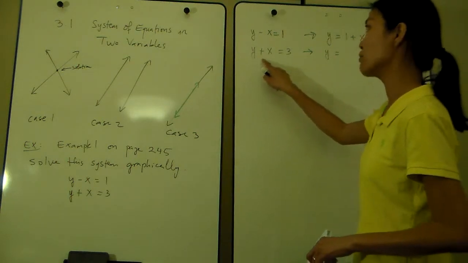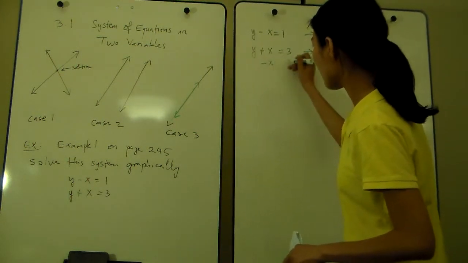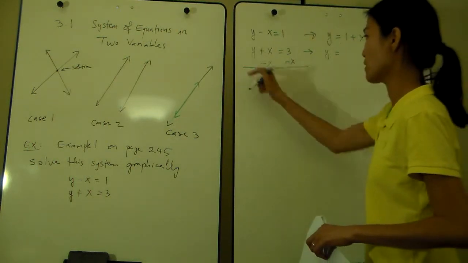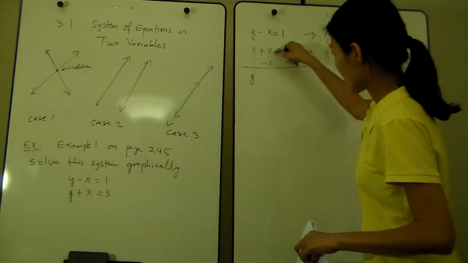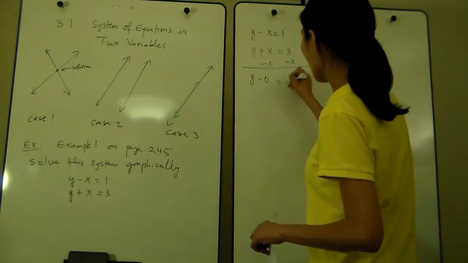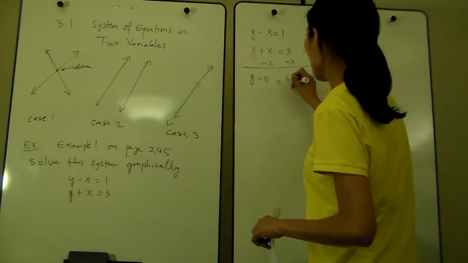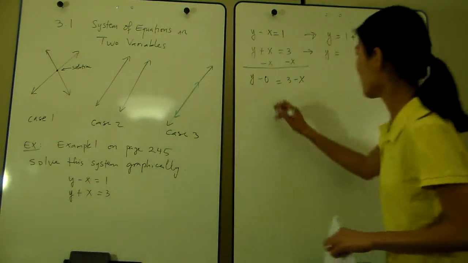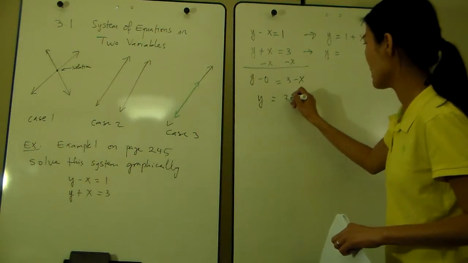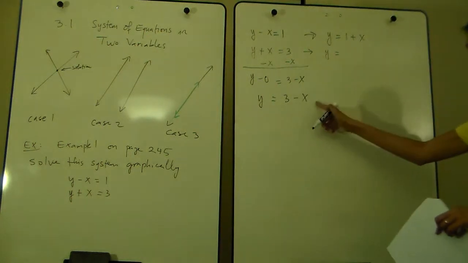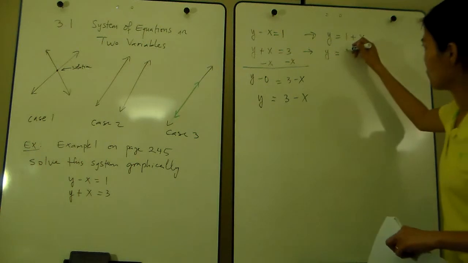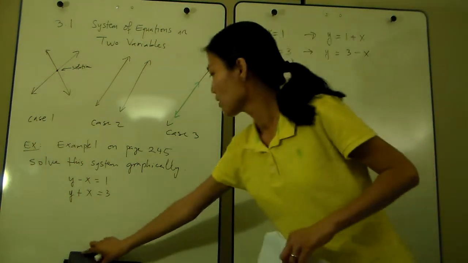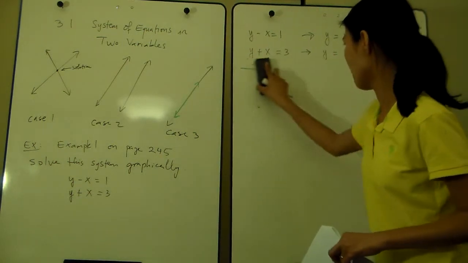To solve for y, we need to remove the x, so I'll subtract x on both sides. y plus 0 is y, x minus x is 0, and 3 minus x is 3 minus x. Simplify, and we have y equals 3 minus x. Rewriting this here, y equals 3 minus x.